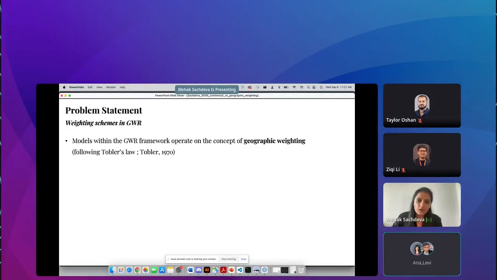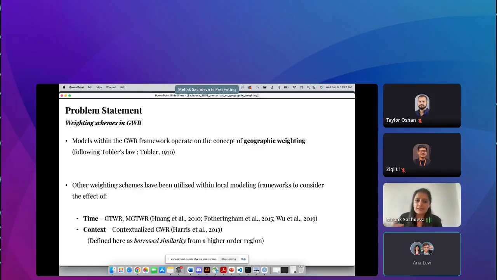So within local modeling frameworks, such as geographically weighted regression and multiscale geographically weighted regression, there have been instances to include other kinds of weighting matrices. For example, when the location-specific regression models are calibrated, either we can take points that are close together in space to that one location-specific model, or we can take it in the context of time, or there has also been exploration of doing a contextualized local model where they were borrowing knowledge that we might have from a higher order of an administrative region.